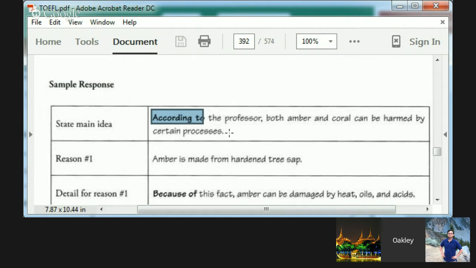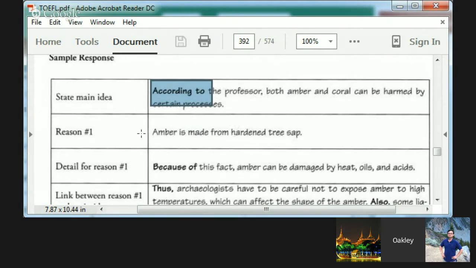In particular, he's focused on talking about organic gemstones that can easily be harmed. Okay, I wouldn't even mention amber and coral to begin with. There's a lot of different ways to start, and the fact is, question 6, there is a wider range of how you can attack this question and still be correct.